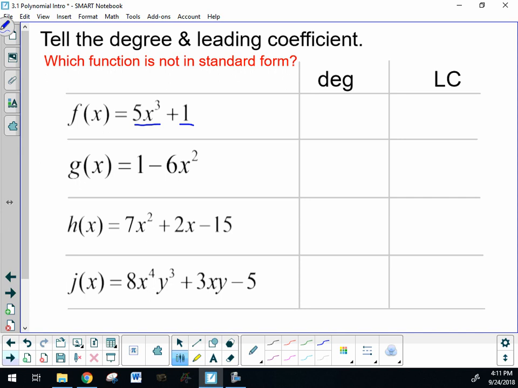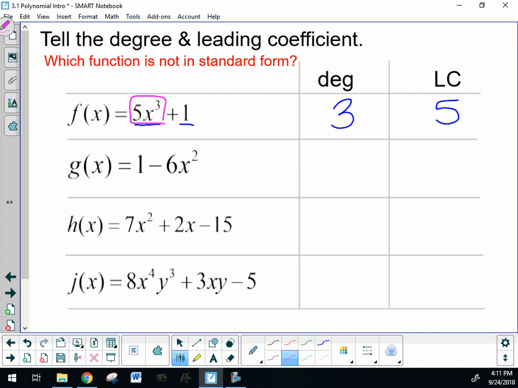So we would say that the degree is the highest power of any one term, so this polynomial itself is a degree 3 polynomial. 5x to the third power is its leading term, so its leading coefficient is the number 5. The degree of the polynomial and the leading coefficient of the polynomial always come from the same term, we call it the leading term.